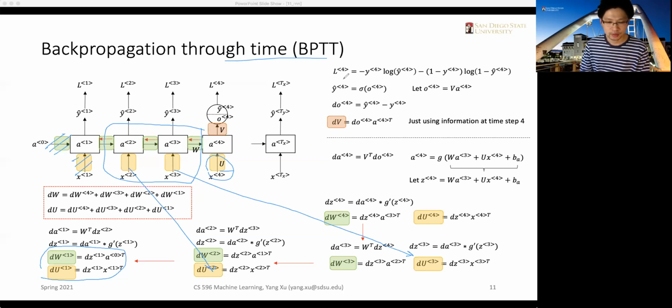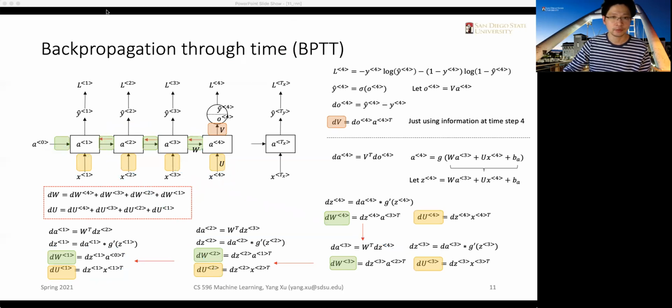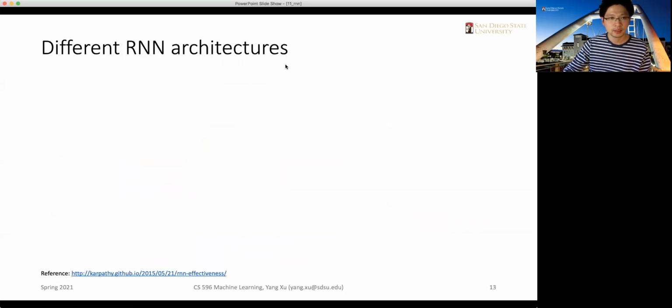So a long-distance backpropagation would not be that effective. Usually we will set a truncation threshold for this BPTT, backpropagation through time.